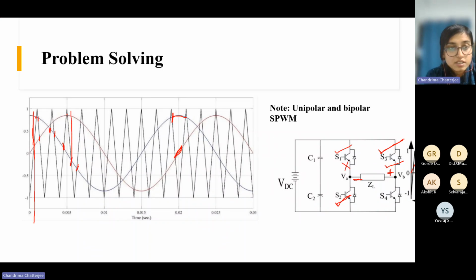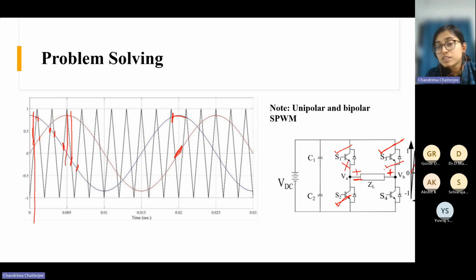If you see here in this range, the blue one is low here, right? If you follow the blue line, this is blue and this is red, and the carrier signal is this. See here, the blue one is lower than this, but the red one is greater than this. So in this interval, you will get plus VDC, right?